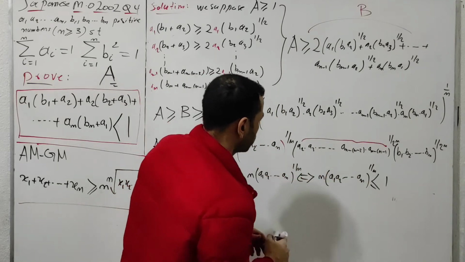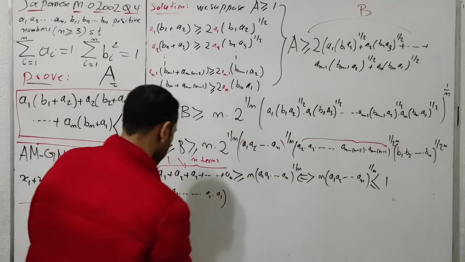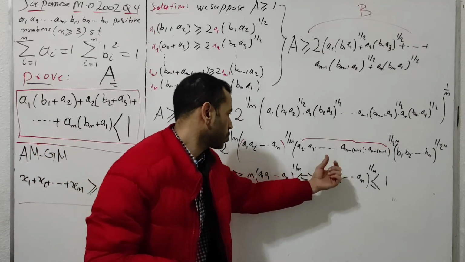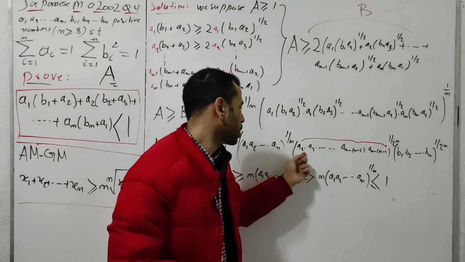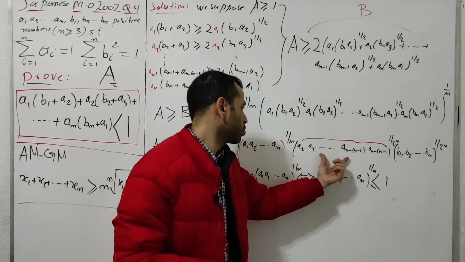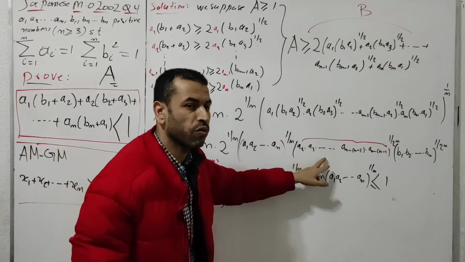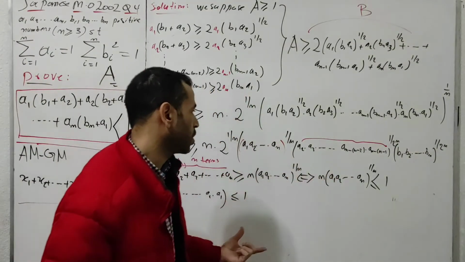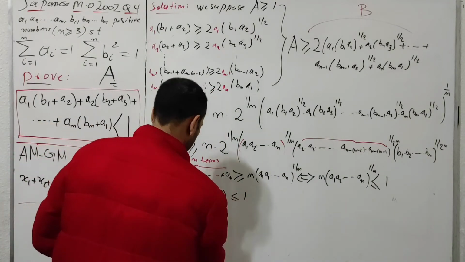This term is the same thing as this one, just with one term missing, because here it goes from E sub 2 up to E sub n minus 1. But don't worry about these small numbers, because the sum of these numbers is equal to 1, so they are very small. A few terms missing doesn't affect our inequality. Anyway, this one is inferior or equal to this one.